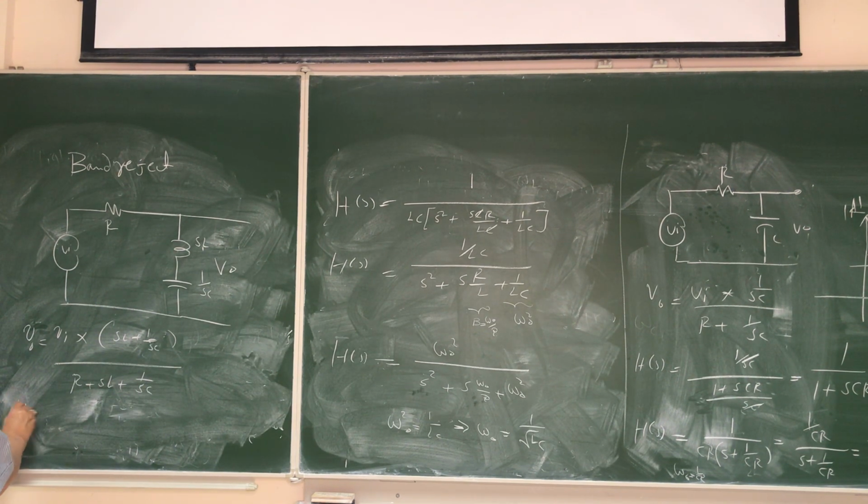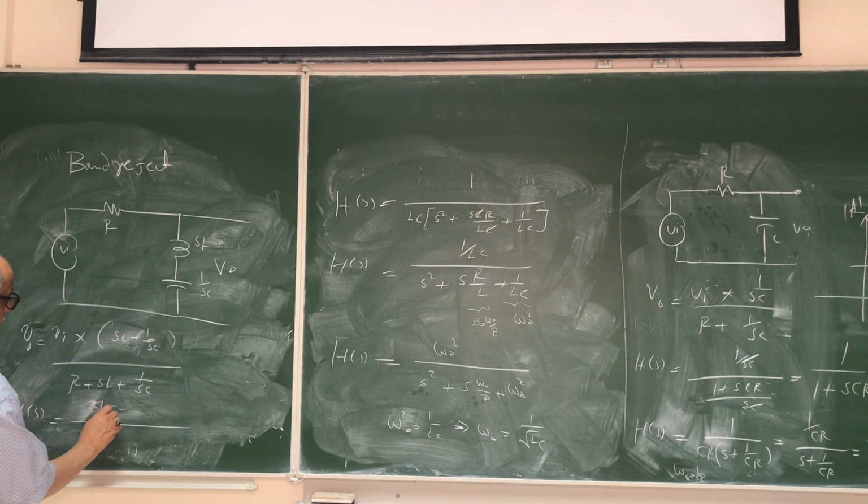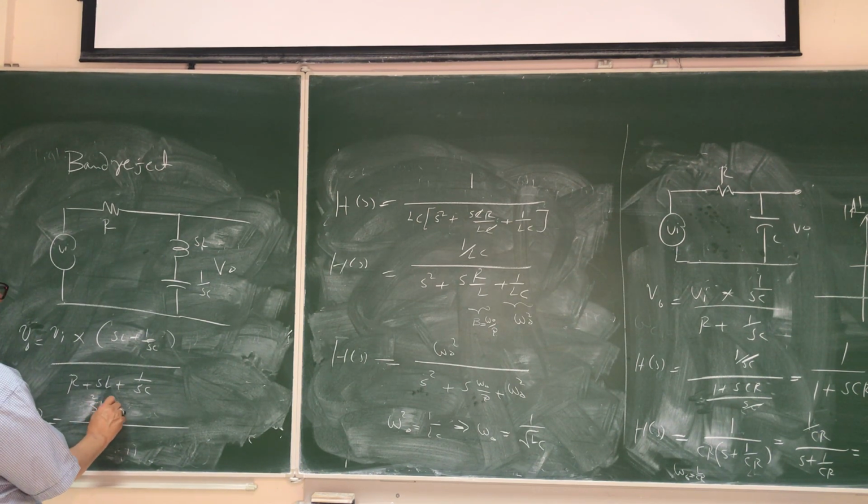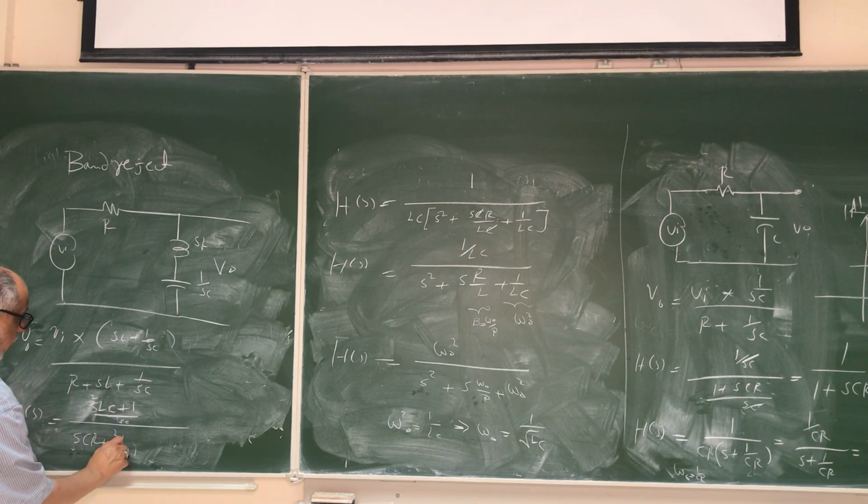So H of S is equal to SL plus 1 over SC, take SC as a common factor, which gives S square LC plus 1, divided by SCR plus S square LC plus 1 over SC.